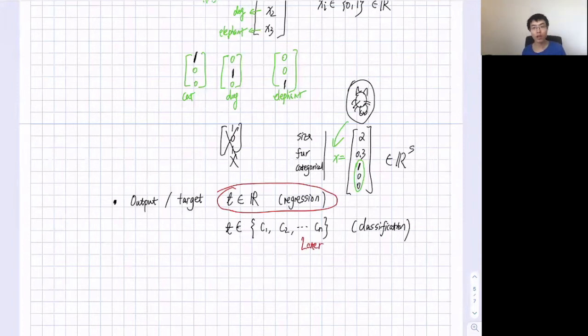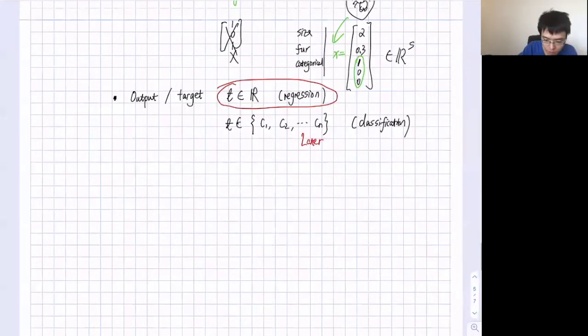Okay, so a regression problem is indeed a supervised learning task where the output is a real number. But the input can be either real or categorical, and when you represent the categorical into a one-hot feature, it's still a subset of the real, so it's still real. So a regression model, sometimes I call it H, okay?